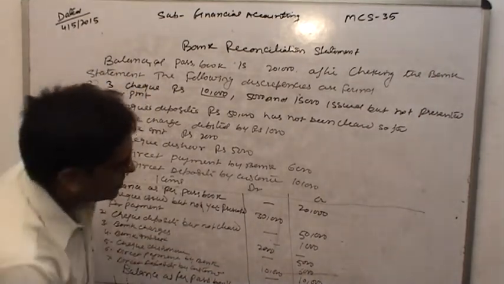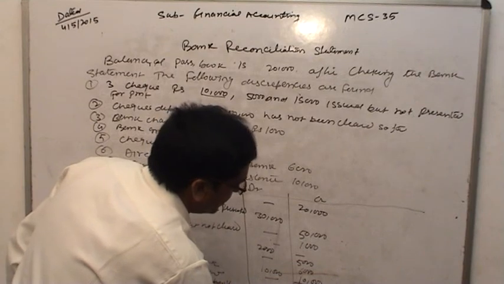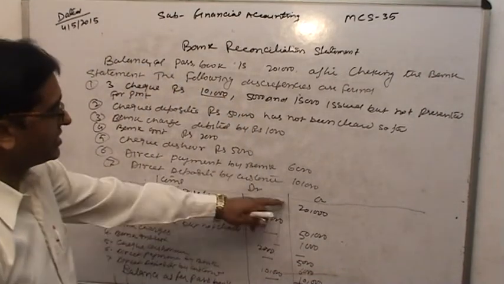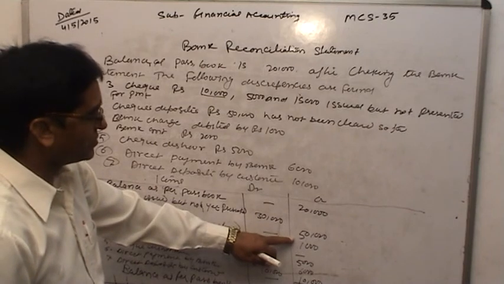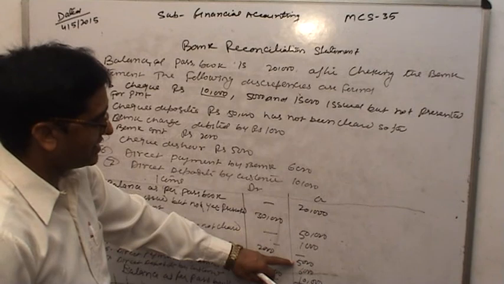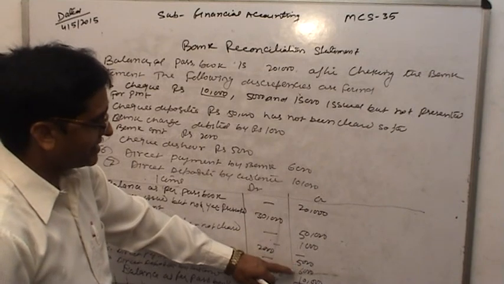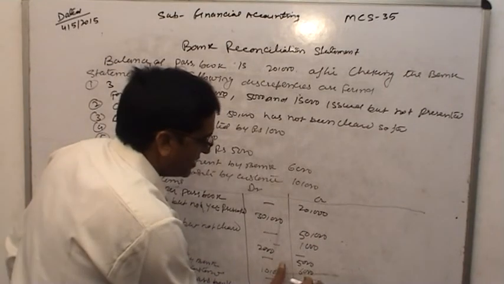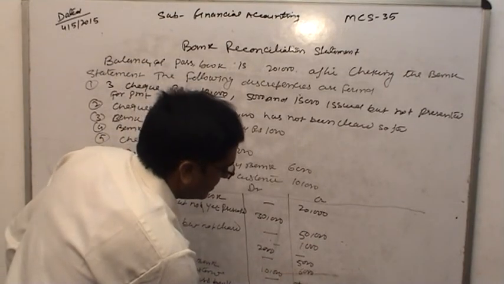In this case we total the credit side, 20,000 plus 50,000, 70,000, then 71 plus 5, 76 plus 6, 82 plus 10, 82,000 total.